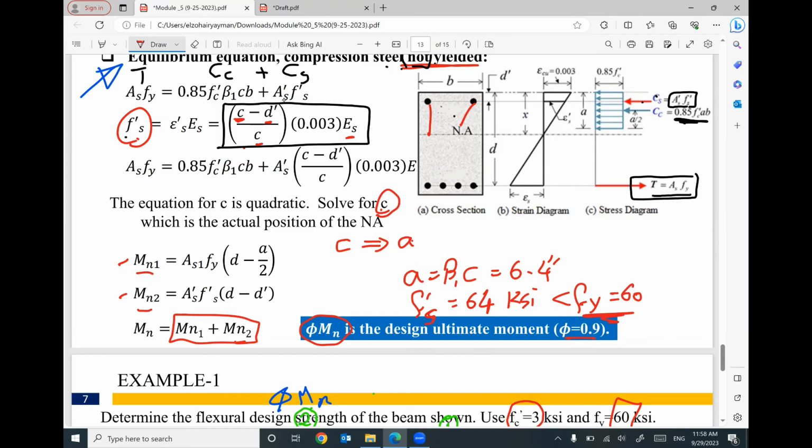Looks like we have another mistake here. 7.5 minus 2.5, divided by 7.5 times 0.003 times 32,000.